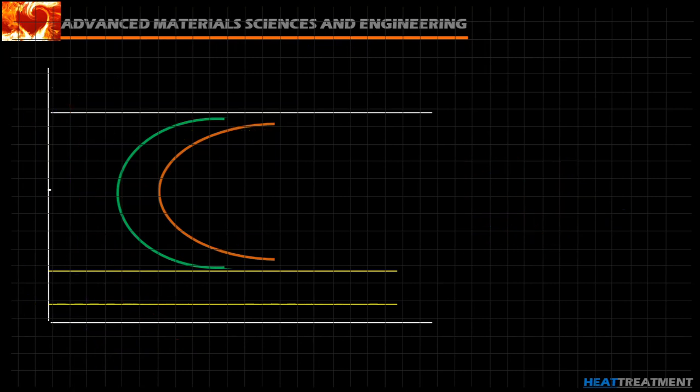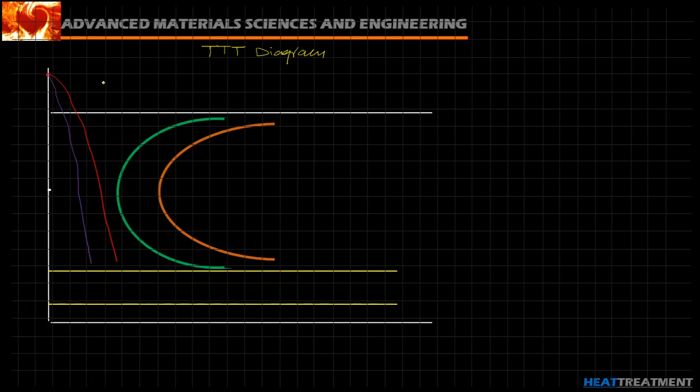Now coming back again to the TTT diagram, the same TTT diagram, and we have two quench curves like this, and another curve that is showing the fast cooling rate of the surface.